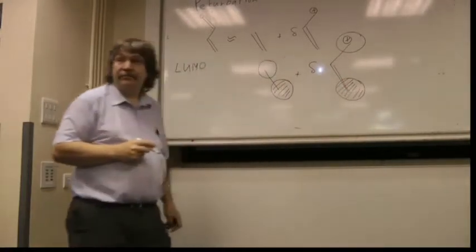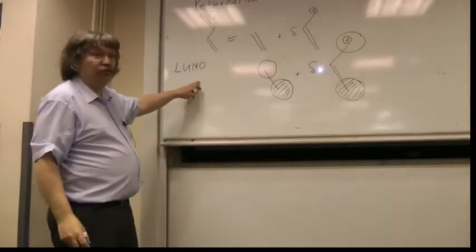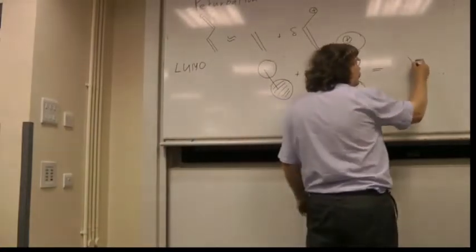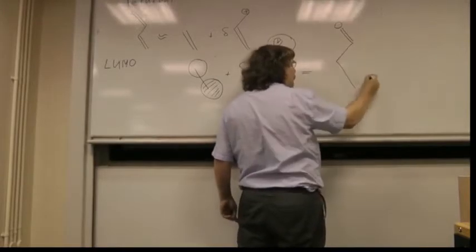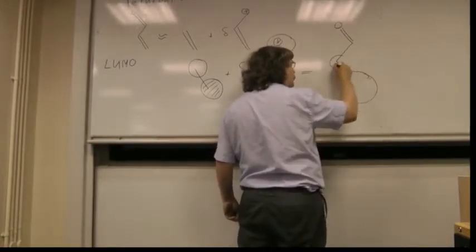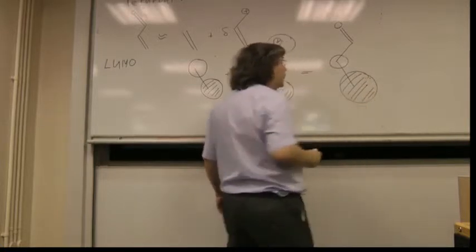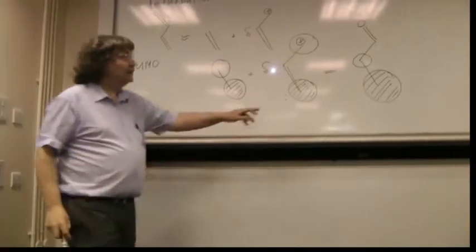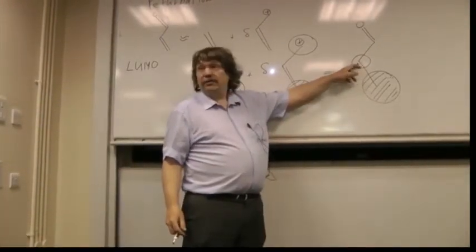So when I mix these together to get the orbital of this, I'm going to get something which looks like that, okay, with a large lobe on the terminal position and a much smaller lobe on this position.